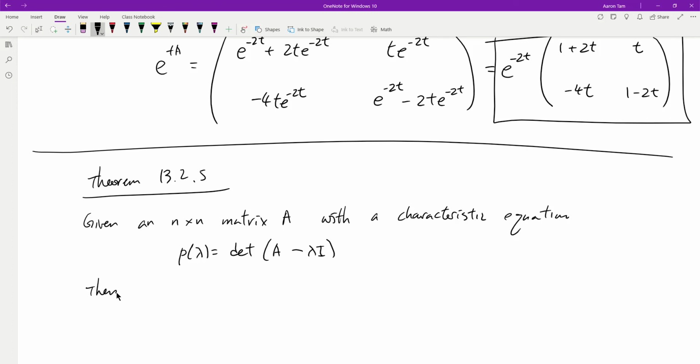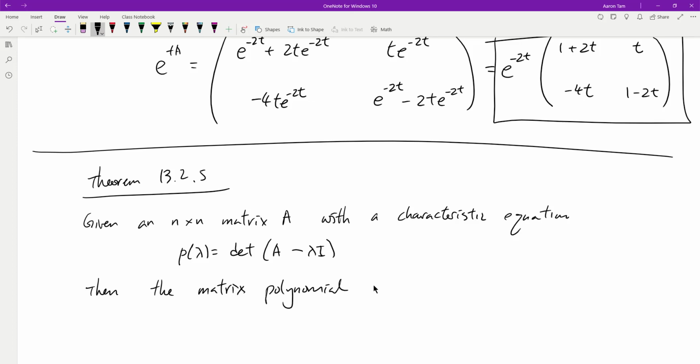Then the matrix polynomials, missing the word matrix. And what is a matrix polynomial? It basically means that you put a matrix into a polynomial function, which is exactly what we have right now.